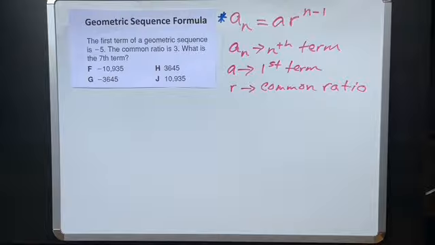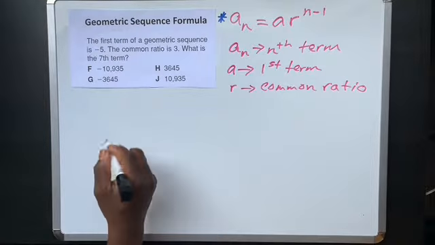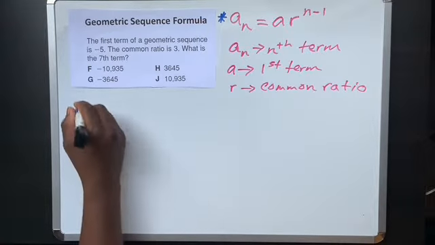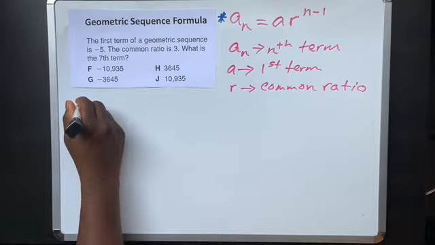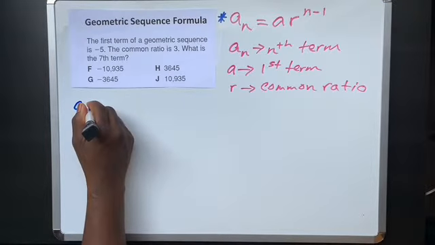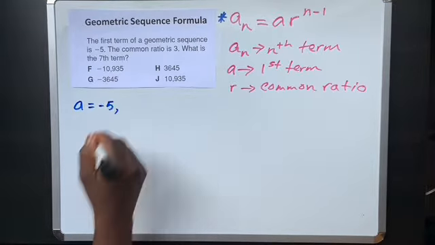All right, so let's see what they give us in the problem. We're going to pull the key information out. We know that the first term in the sequence is -5, so we're going to let a equal -5.